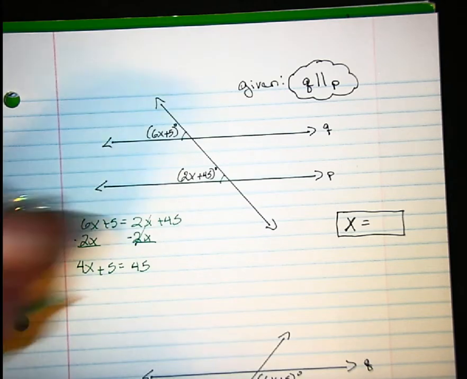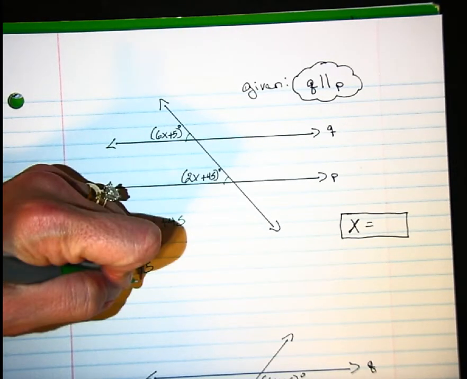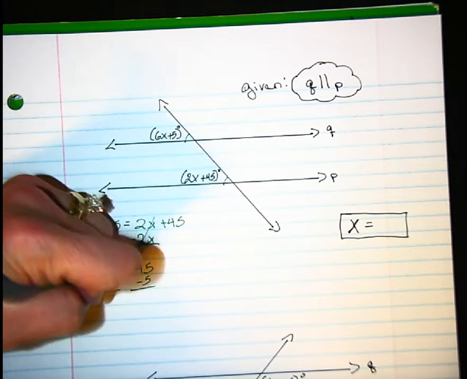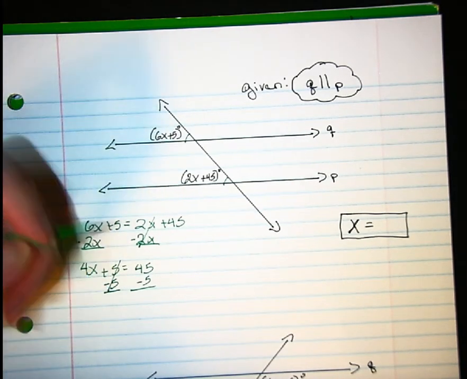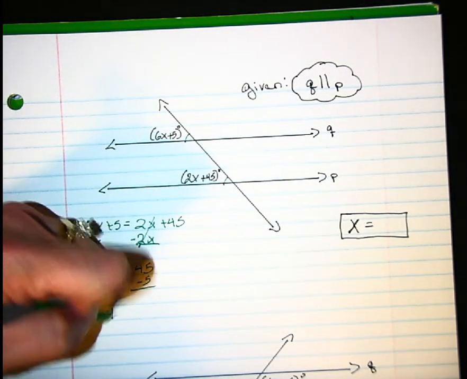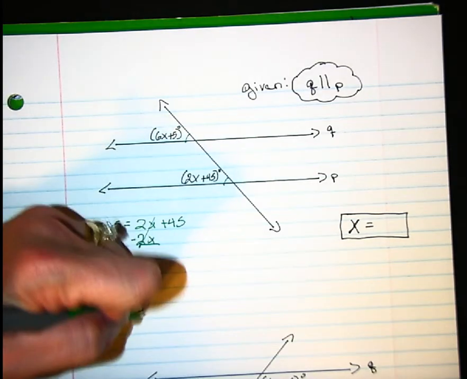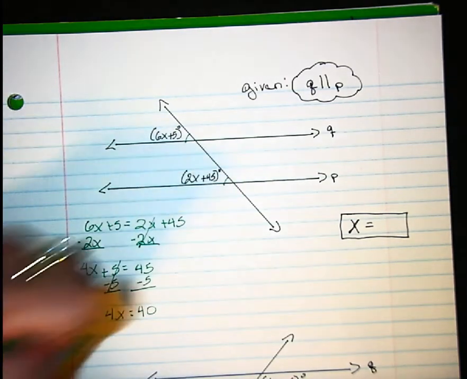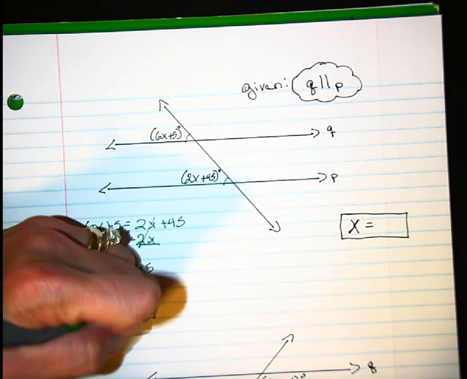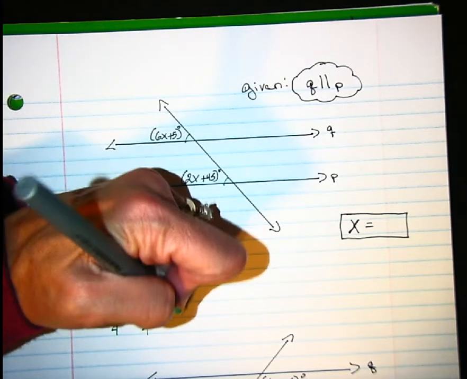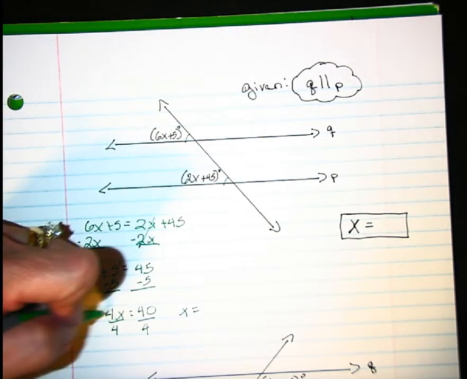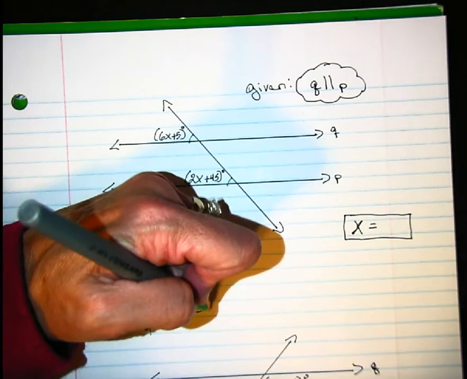And then we're going to subtract 5 from both sides. Well, that'll cancel out. That leaves us with 4x equals 40. And if I divide both sides by 4, x will equal 10.